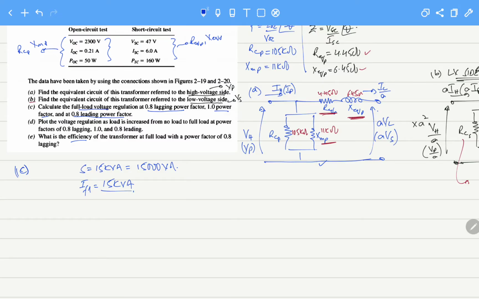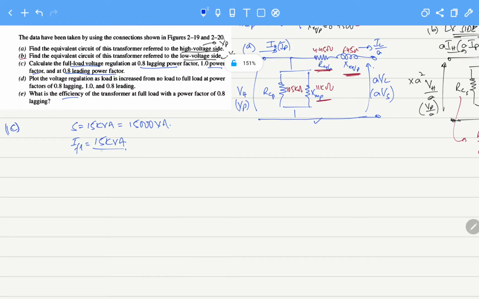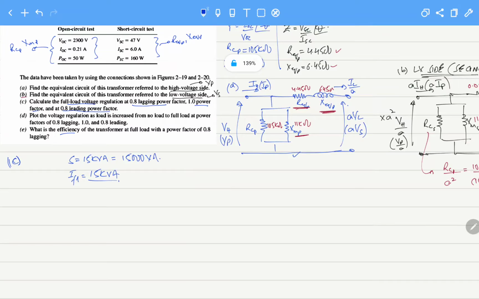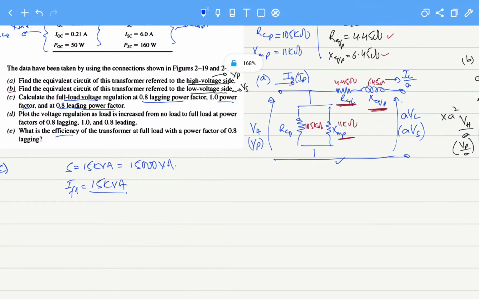divided by the voltage. Now we are calculating this. So we have calculated the full load current, and we have the rated voltage at the secondary side, and the rated voltage at the secondary side is 230 volts.